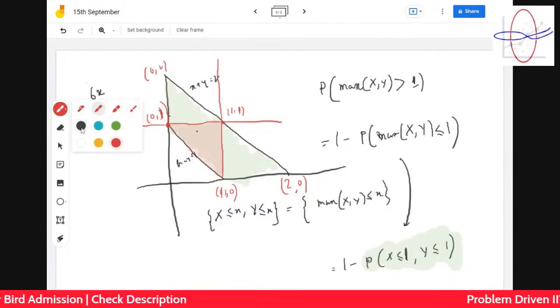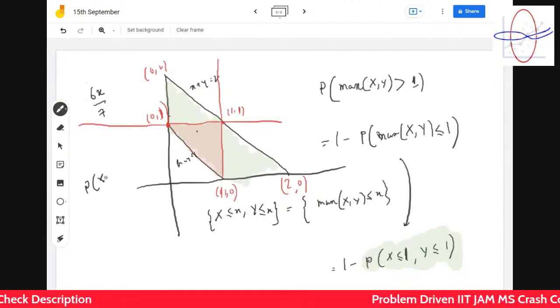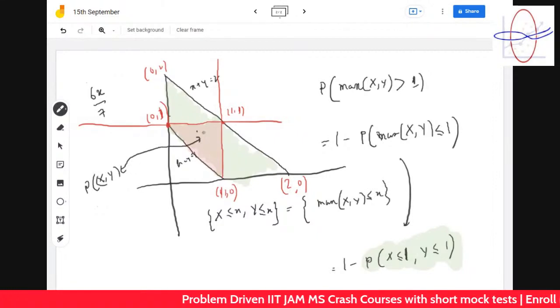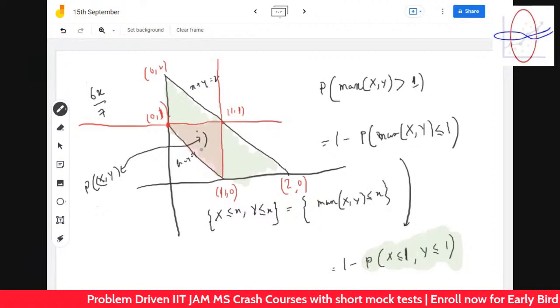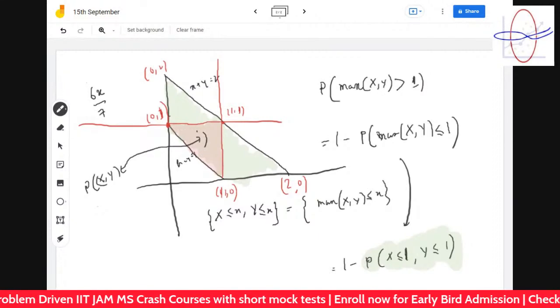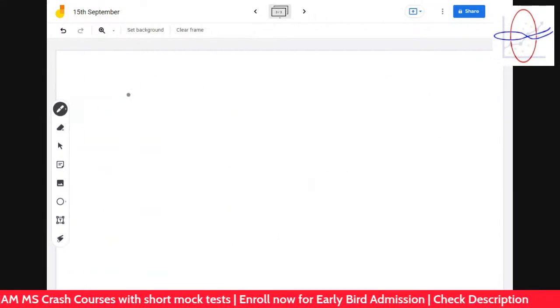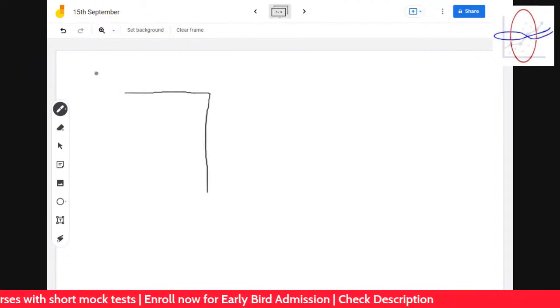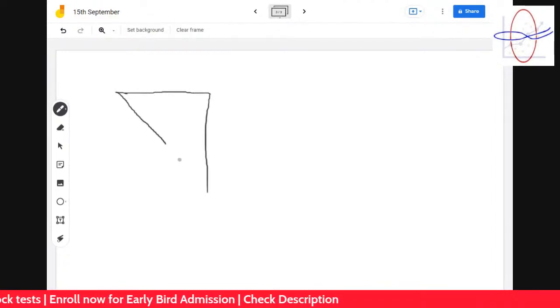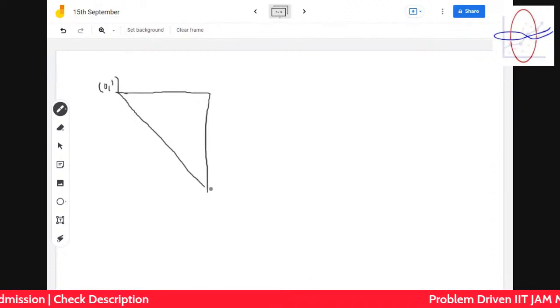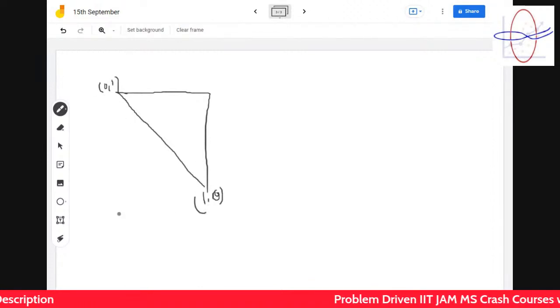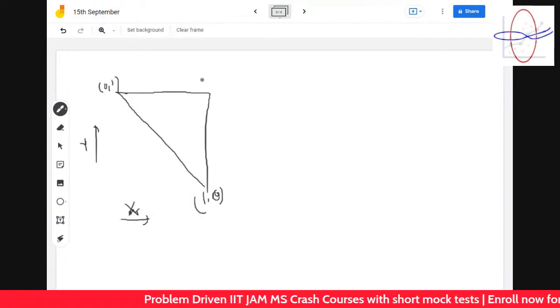That is what we want to find the probability of. So how do you find it? Let's understand this geometrically. It's all about a double integration problem. This is the x-axis, this is the y-axis, with points 0 comma 1, 1 comma 0 and 1 comma 1.